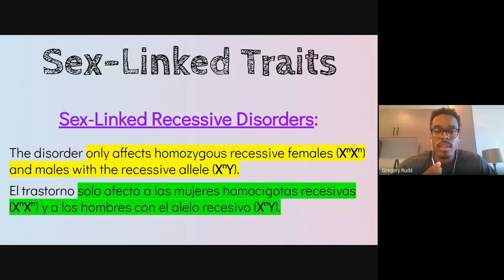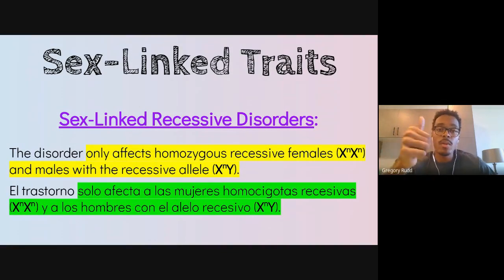So there are disorders that are sex-linked recessive, and there are sex-linked dominant disorders. You all don't get tested on the sex-linked dominant disorders, so I won't talk about them. But sex-linked recessive disorders will only affect 2 people.